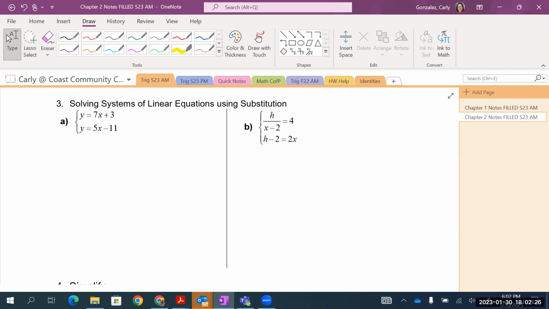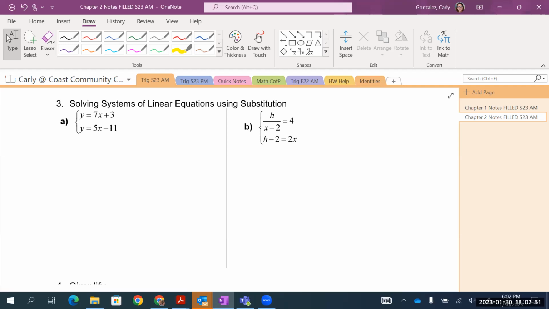So let's look at the first example. We have y equals 7x plus 3 and y equals 5x minus 11. Again, we have two variables here, an x and a y, but we're trying to find an xy combination that works for both equations.